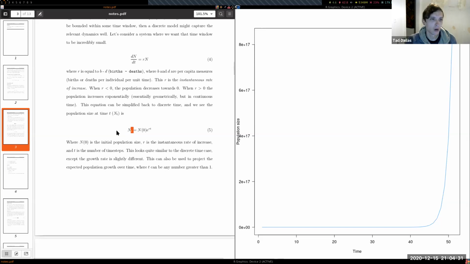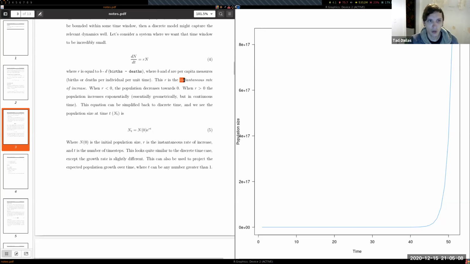So instead of having to simulate it like we did here, where I need to know the population at time t minus 1 to get the population size at time t, and the population size at time t to estimate the population size at time t plus 1, this is a very simple relationship. I should be able to estimate the population size at time t only by knowing the initial conditions, meaning my population size at time 0, and then the population growth rate, which is little r.